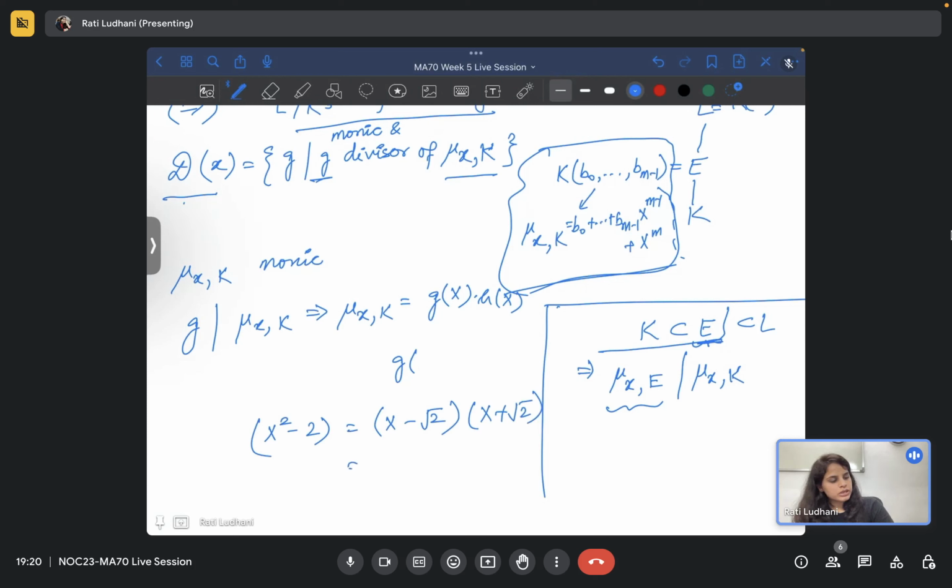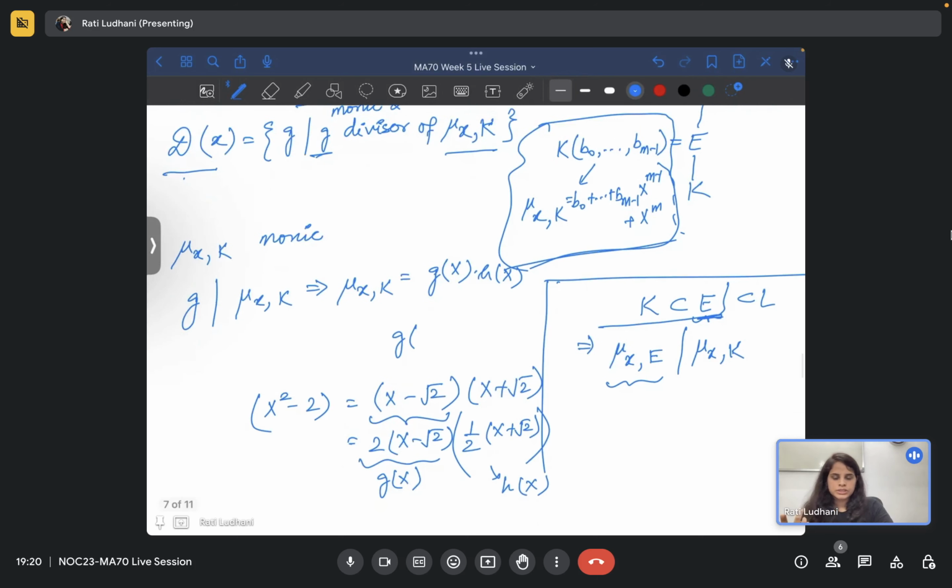Still, you can assume this to be something like 2 into x minus root 2, and here you can assume it to be this. So this is your hx and this is your gx. So divisors are with units always, because 2 is invertible here. So this polynomial gx is a divisor of x square minus 2.